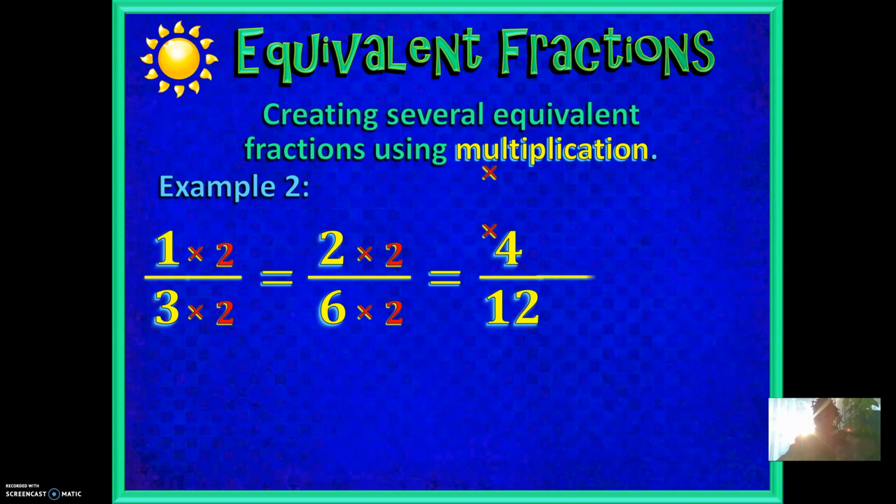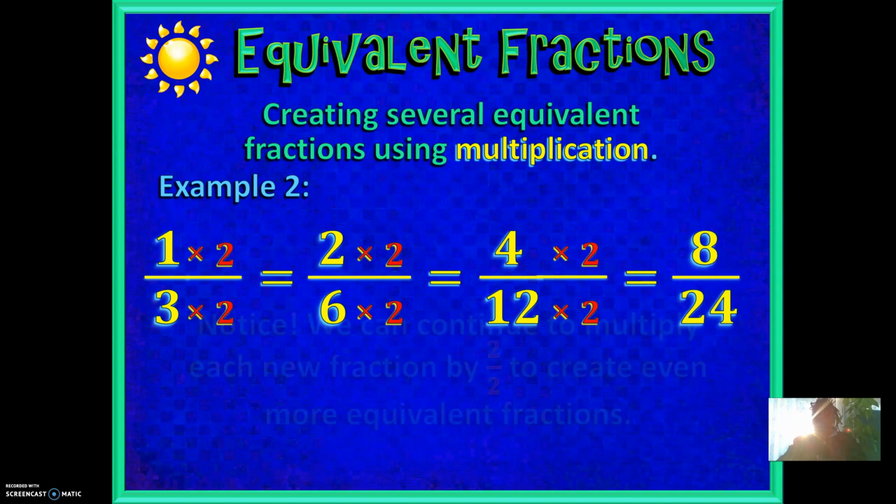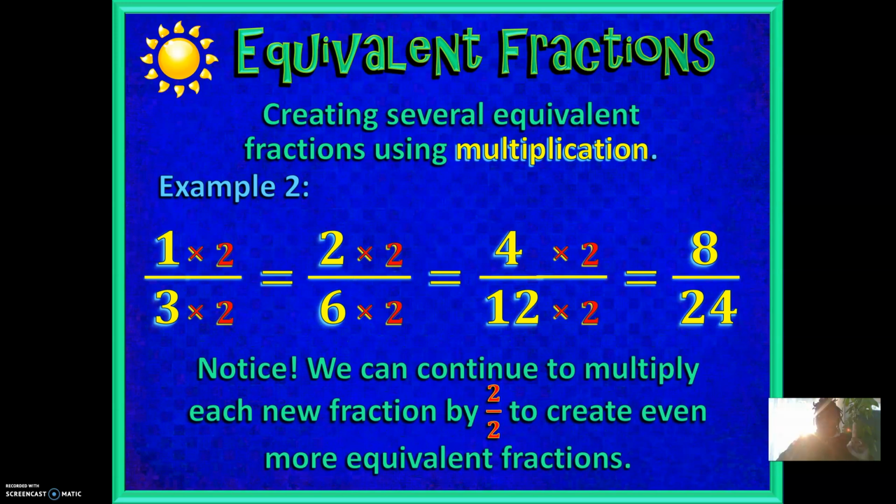If we keep going again, we'll get an equivalent fraction of 8/24. Notice here though, kiddos, we could actually continue to multiply a number of times. Each fraction, if we multiplied it by 2 on the top and the bottom, we would create a bunch of different equivalent fractions to 1/3.